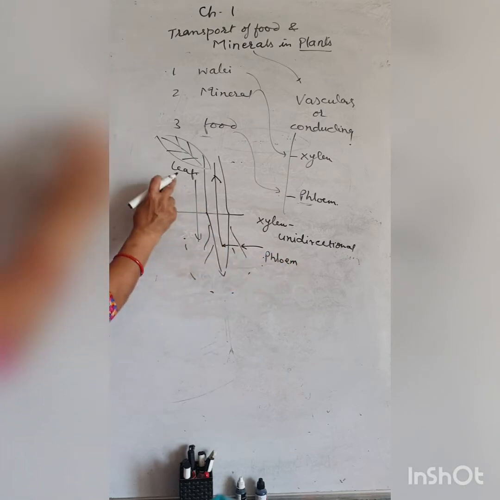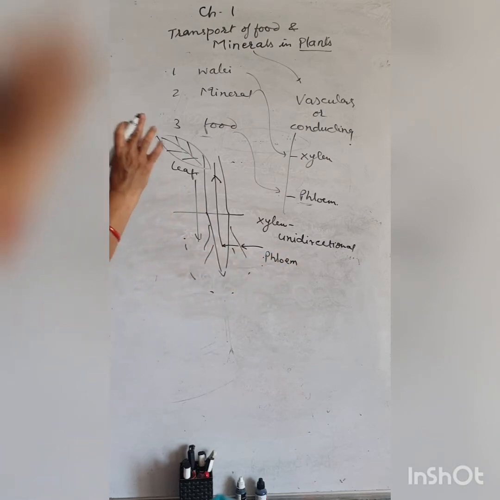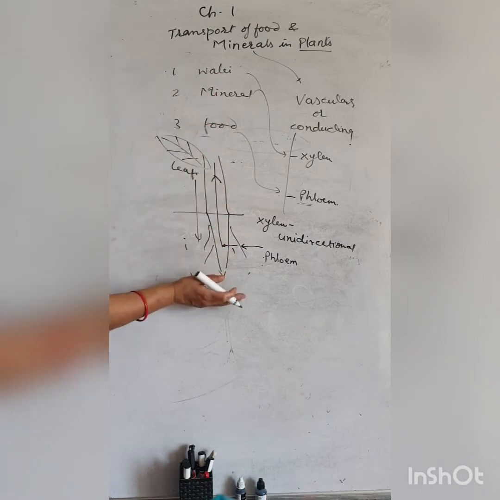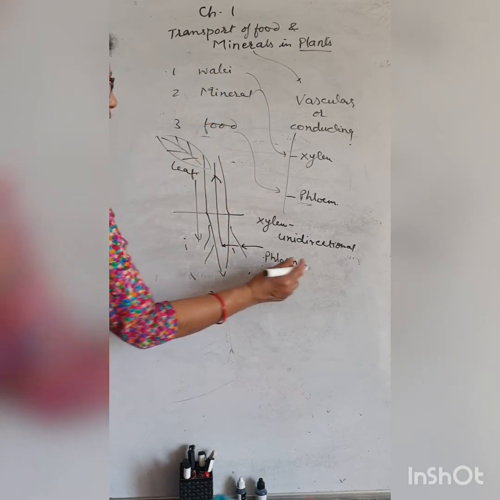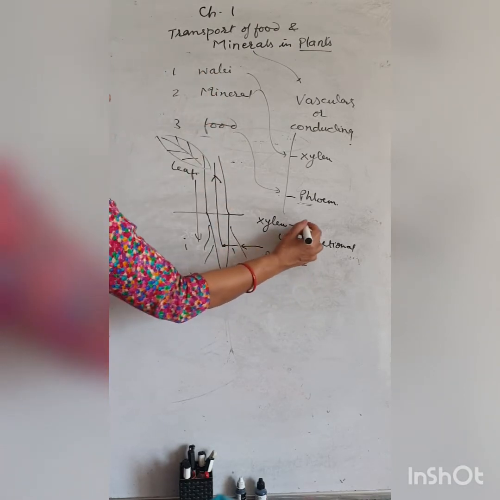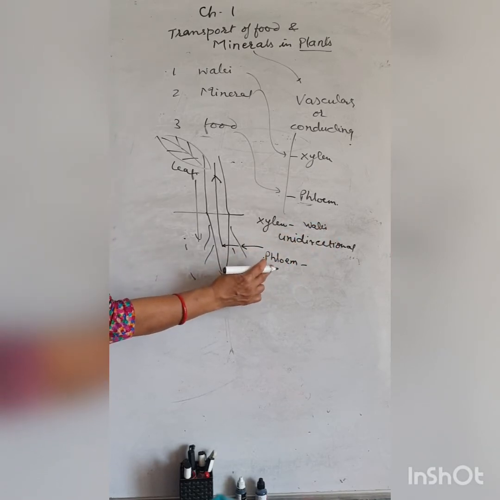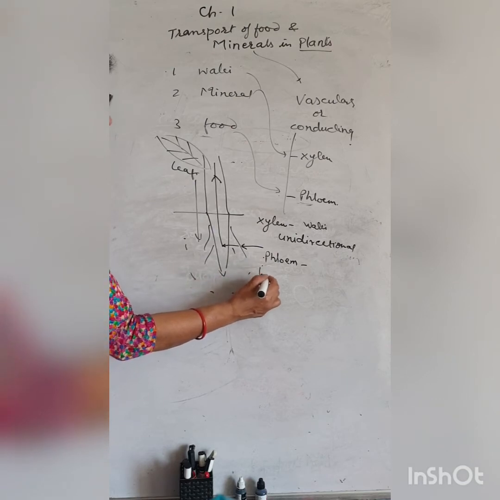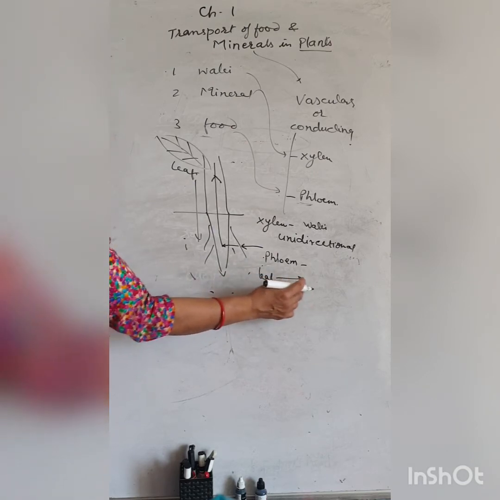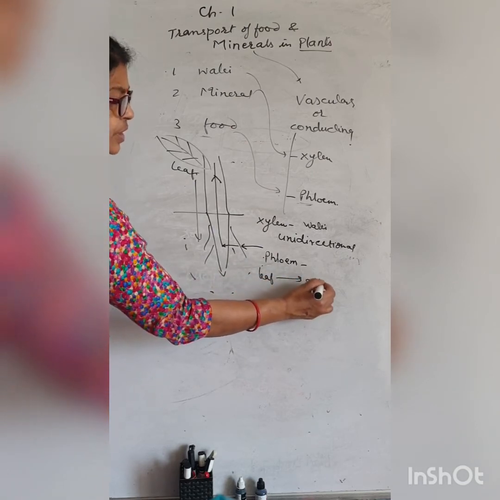So the direction of the phloem is any direction, upward or downward. From the leaf, the food is carried to all parts of the plant.